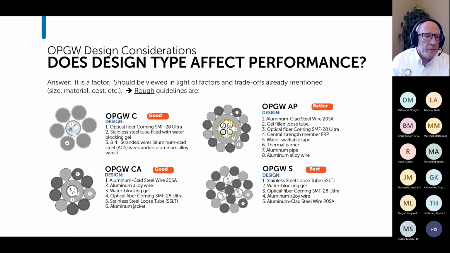They wouldn't be if their lightning performance was crappy. So they at least meet the standard of good. But I do think that the aluminum pipe designs are a little bit better, all else being equal. And all else being equal, I think the stranded stainless steel loose tube designs are the best. Very rough guidelines on this.